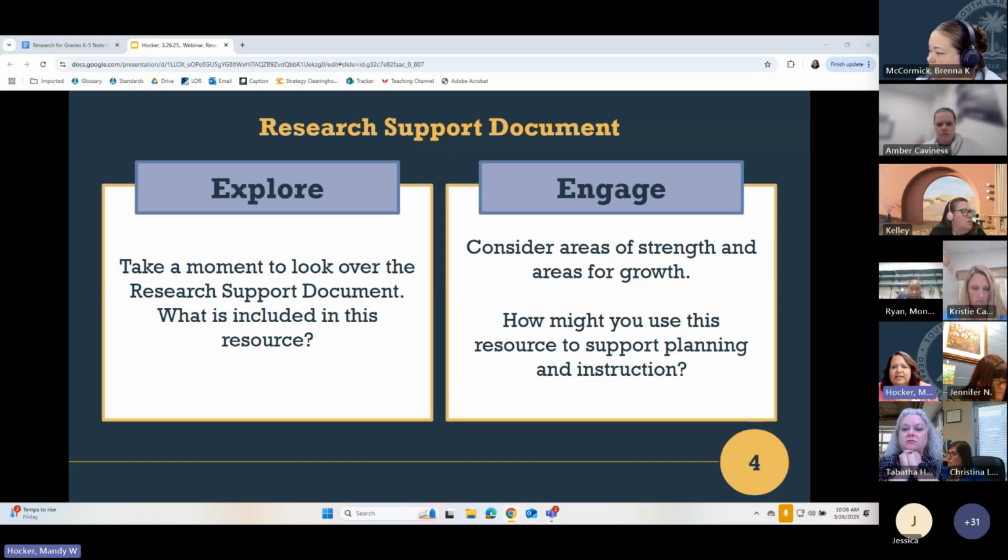What are areas in this document that you're like, I already know this, we do this, I have this knowledge? Or is there a space in this research support document that could inform your practice? Maybe this is an area of instruction that's weak for you in regard to research that you could support. How might you use this resource to support planning and instruction? I'll give you about 4 minutes to explore the research support document.